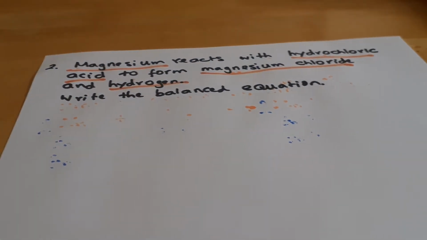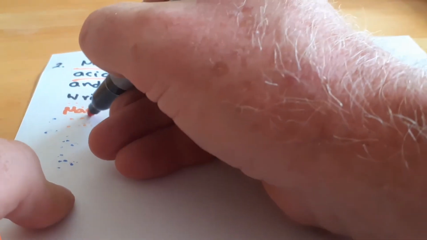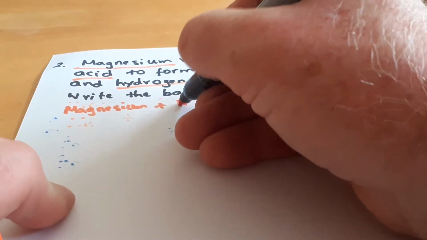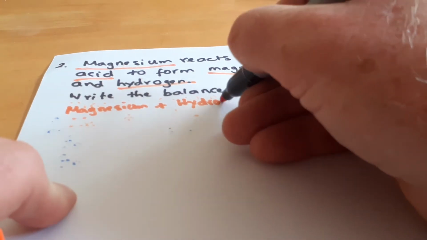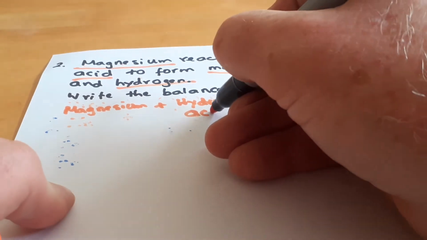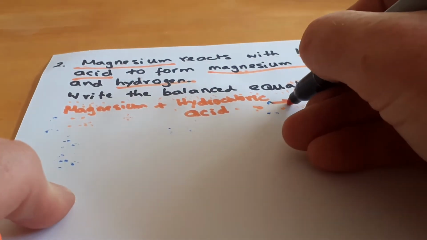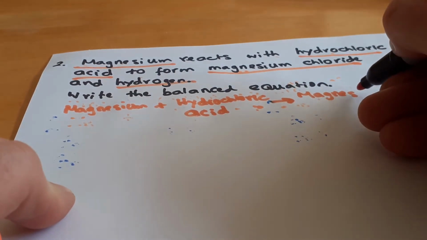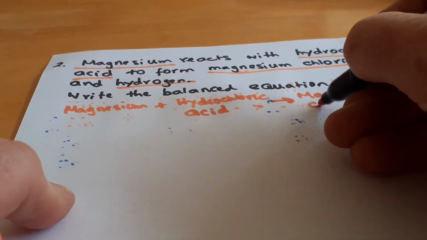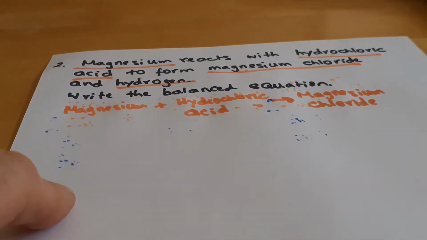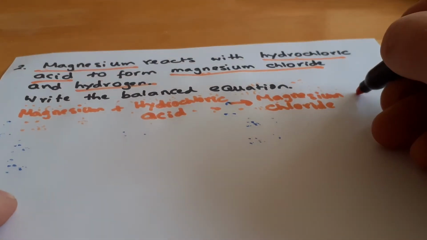So, magnesium plus hydrochloric acid, and this is the pattern of acid plus metal, forms a salt plus hydrogen. And the salt, as we see here, is magnesium chloride. And the other product is hydrogen.